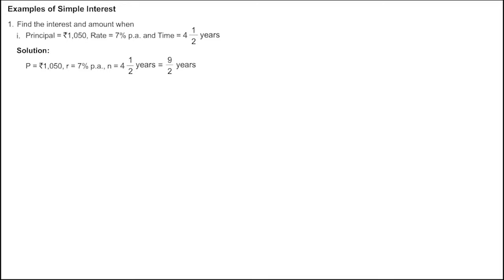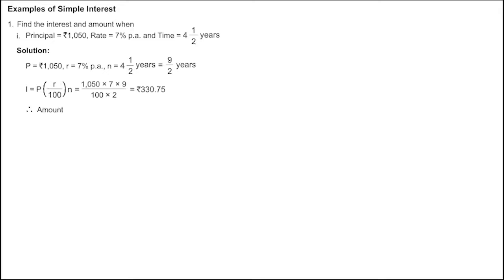First we'll find out the interest and then the amount. To find the interest, we use the formula I is equal to P into R into N upon 100. By substituting the values, we get in the numerator 1050 into 7 into 9, and in the denominator 100 multiplied by 2. Upon simplification, we get interest as rupees 330.75.